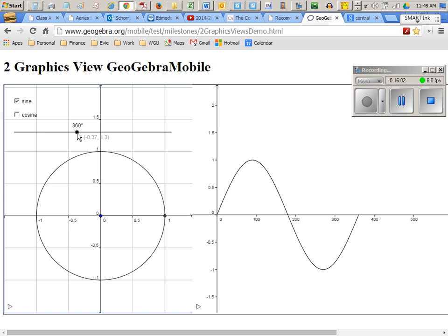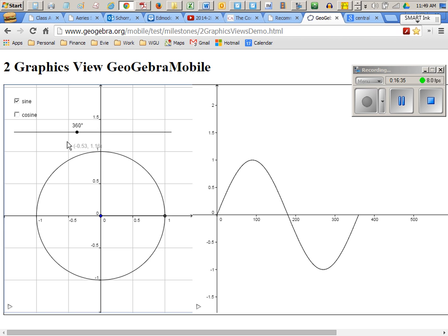Okay. So while we were doing that, the computer was tracking out the y coordinate and tracing a curve. Only on this graph on the right, the x-axis represents the angle that I was at when I was rotating, and the y value on this represents the y value on the left. Okay, so the y value of the point is also the y value over here on this graph. So you can see how the x-axis is labeled 0, 100 degrees, 200 degrees, 300 degrees, and so on.